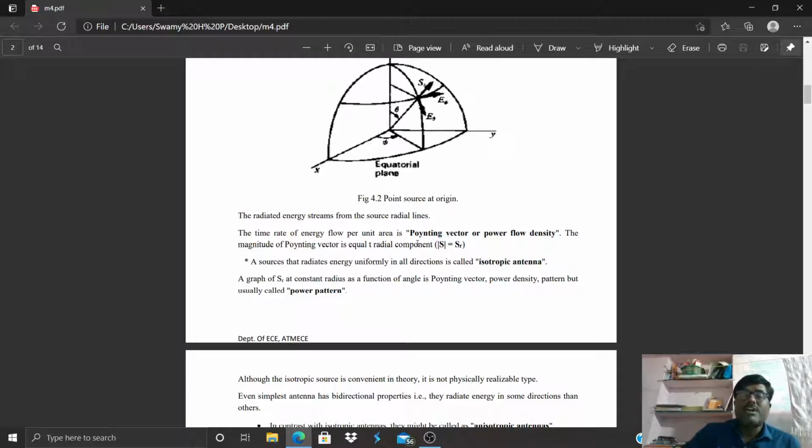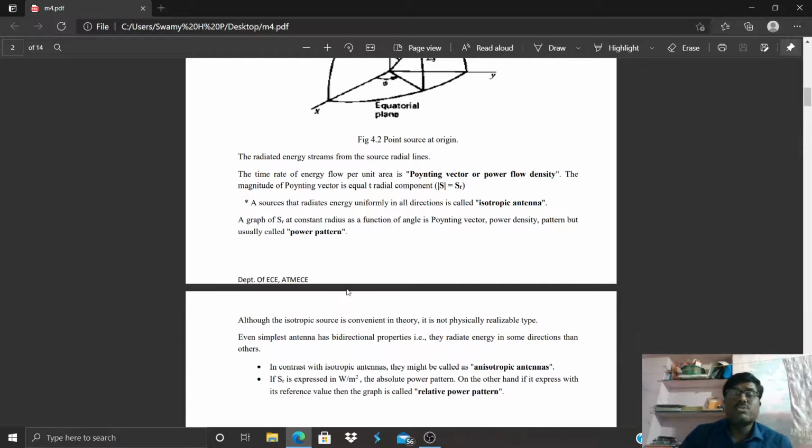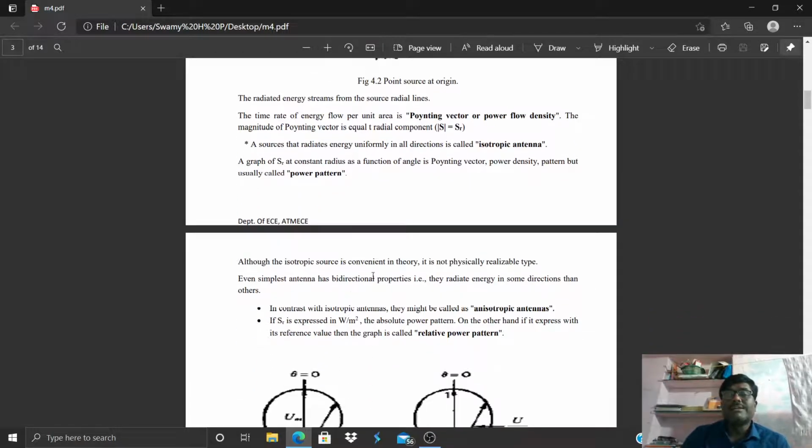Although the isotropic source is convenient in theory, it is not physically realizable. Even the simplest antennas have directional properties, that is, they radiate more energy in some directions than in other directions.